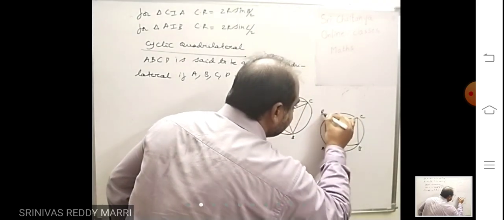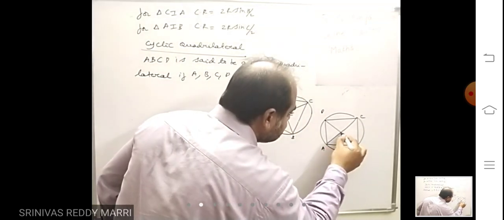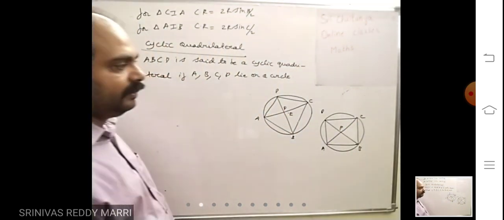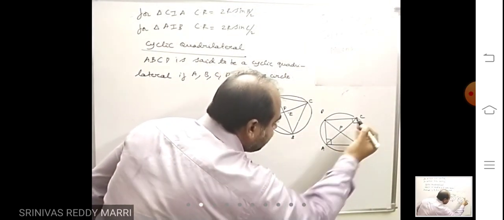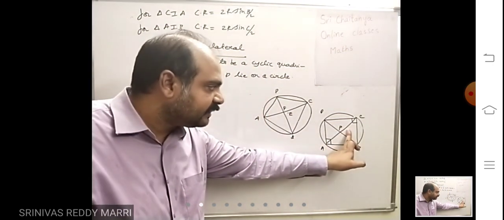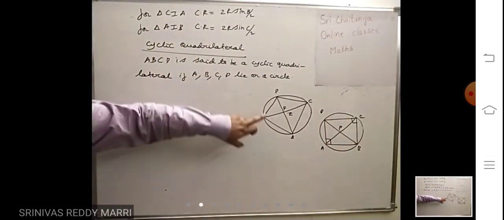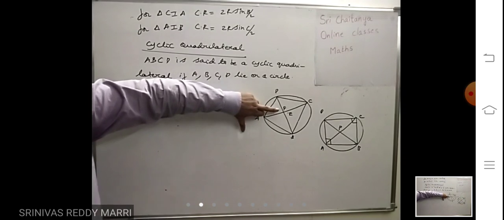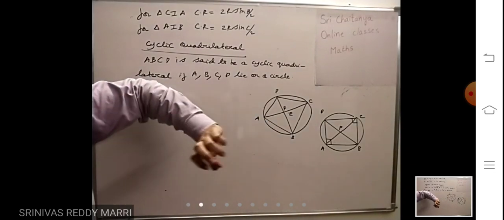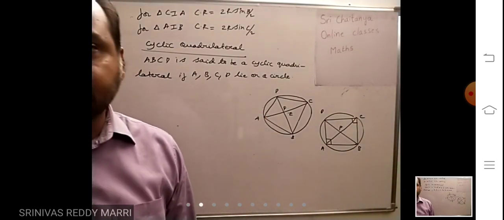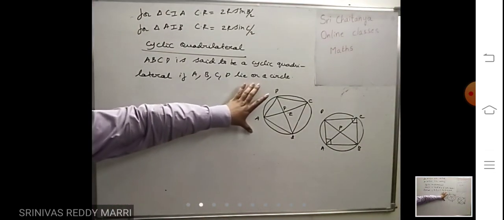If it is a square, the intersection point and the center of the circle will be the same because these are the diameters, because the angle in a semicircle is 90 degrees. Otherwise, the intersection point of diagonals and the center of the circle may not be the same. If it is a square, definitely those points will be the same. This is called a cyclic quadrilateral.